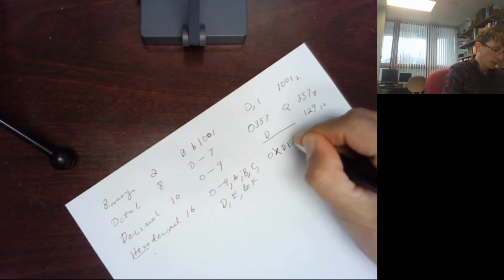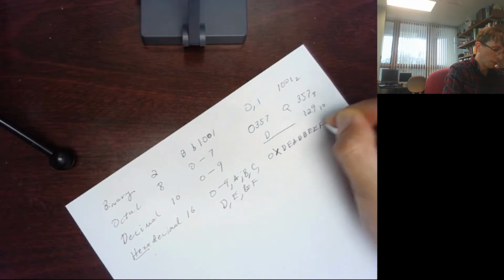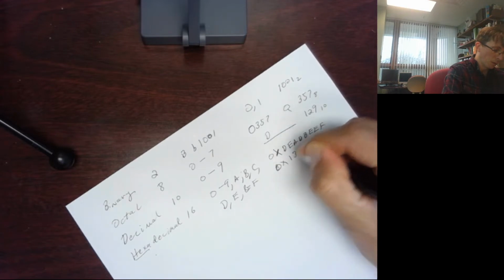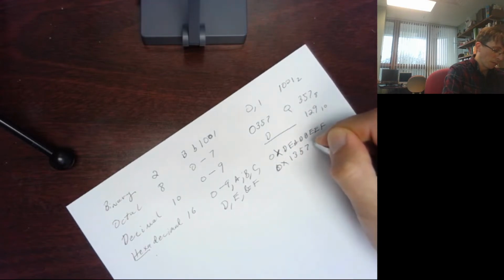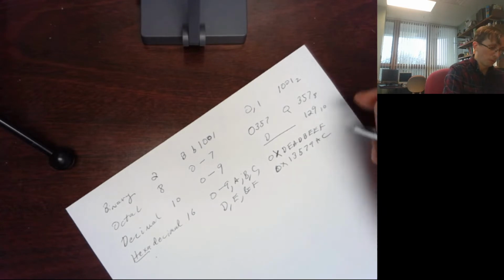And you might say like DEADBEEF, right? That's a favorite one of mine. Although more realistic is to have something like 13579AC. You could have something like that too. Pretty large guy.